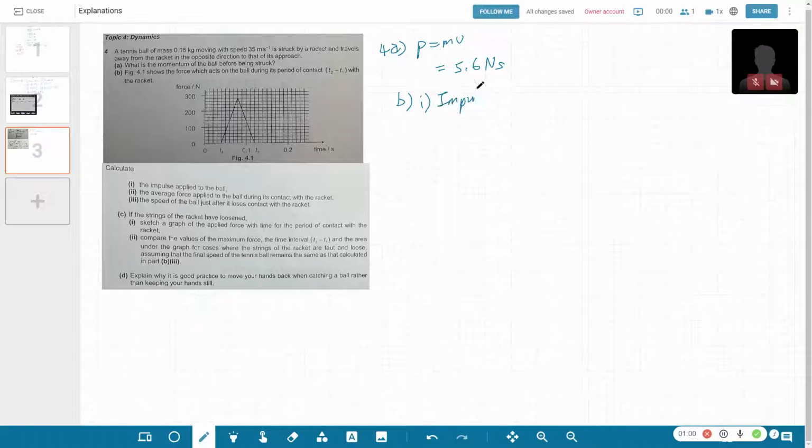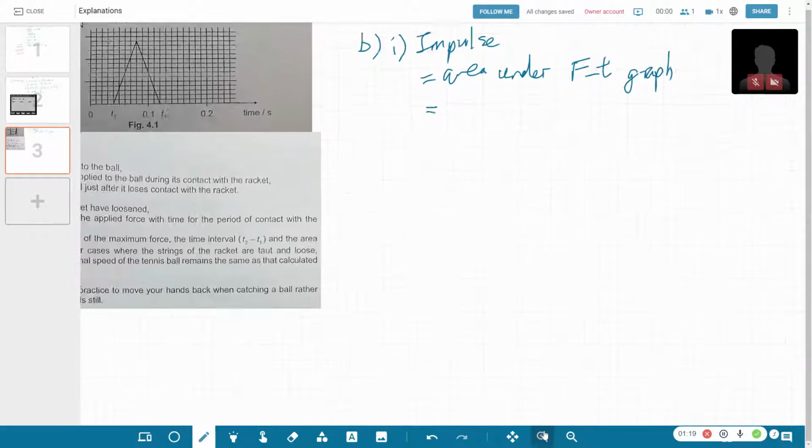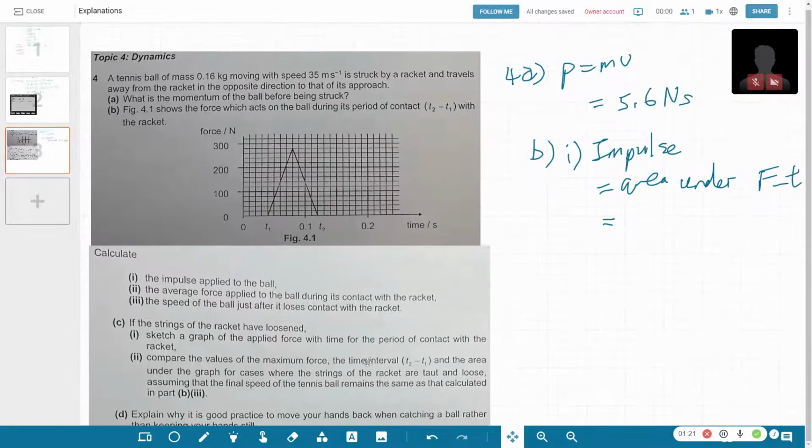So this is easy, equals area under force-time graph. So the area will just be, okay, let's read. Let's zoom in a little. This is 0.1 seconds, so this is around 0.12.